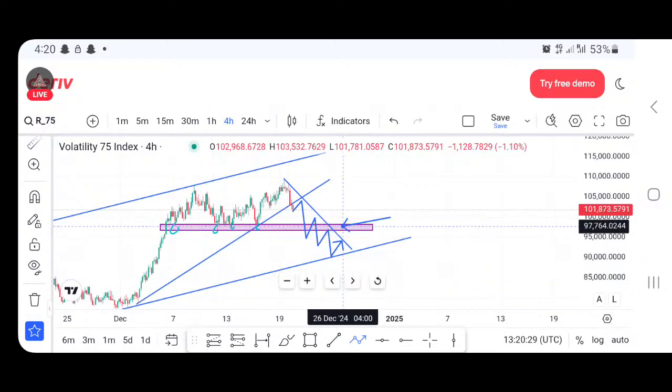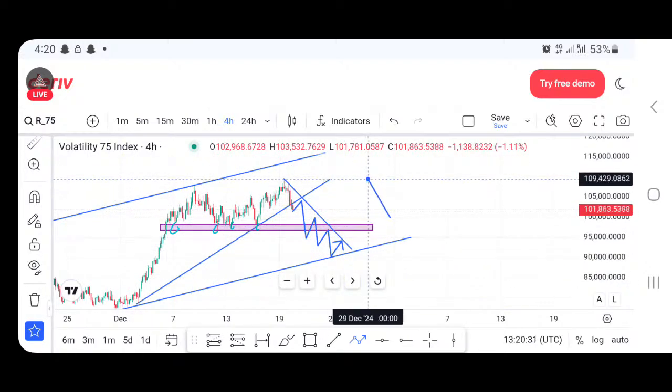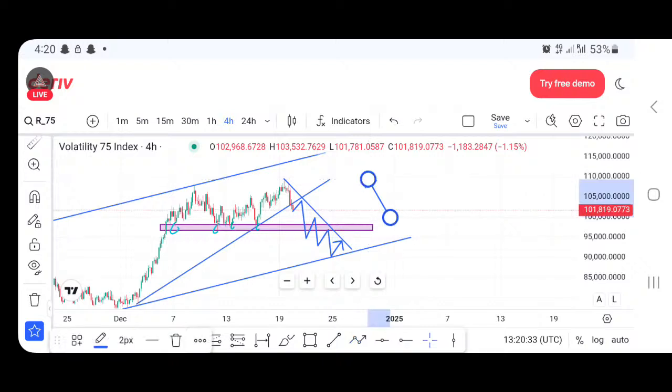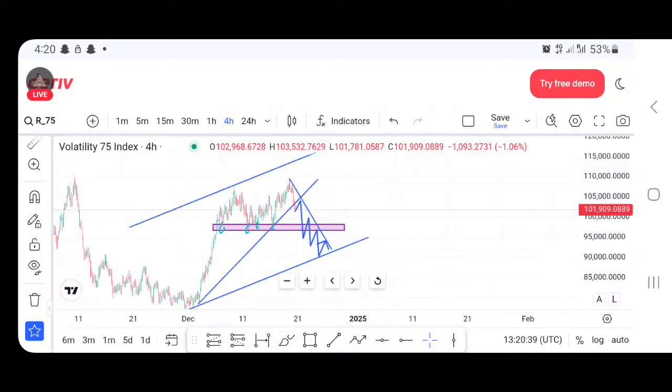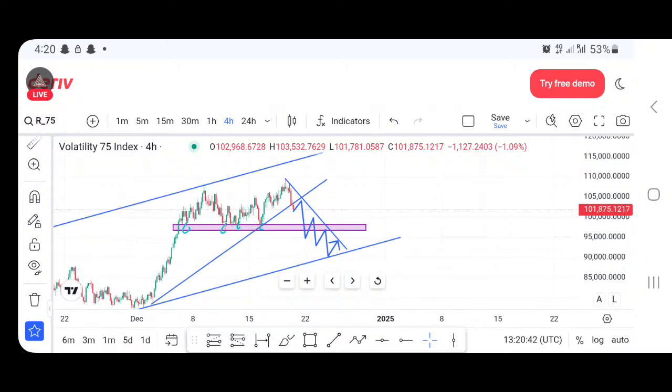Do you remember our lines of H4, what we drew? We drew this one and this one. That is our bias. So we have to wait for the market to create a downtrend, and after completing that downtrend, start showing us it's ready to be aligned with the same bias we got in H4.